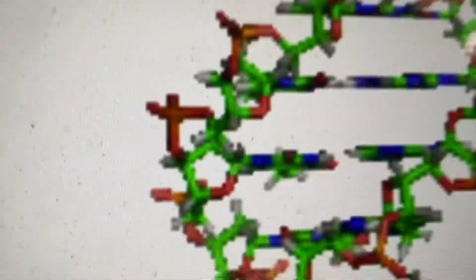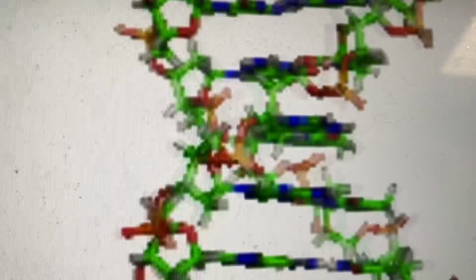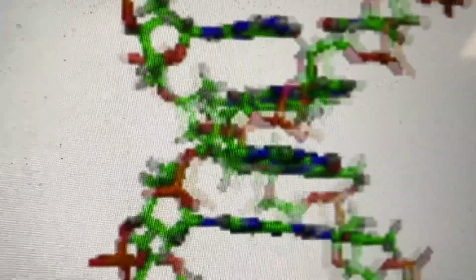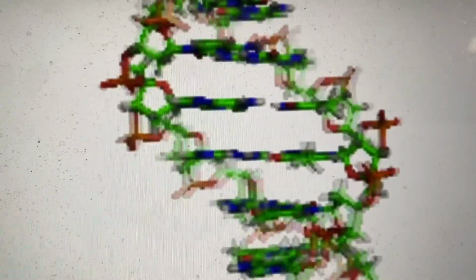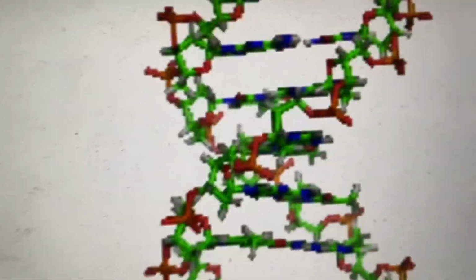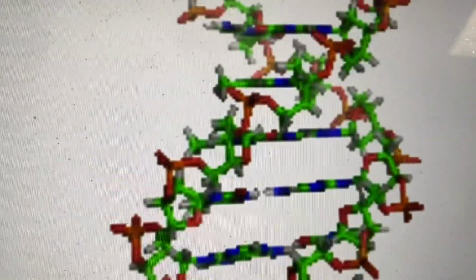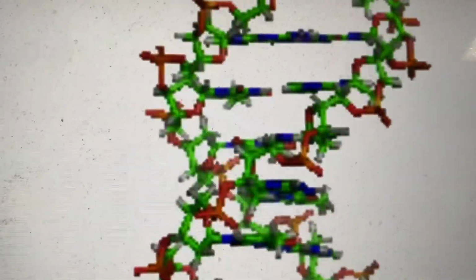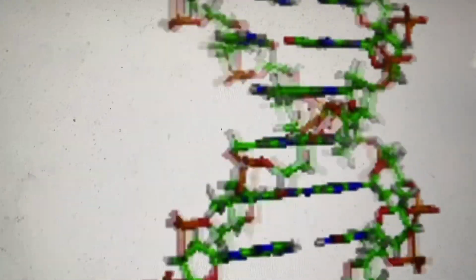And the rungs of the ladder, the little rungs in between the sides, are made up of nucleotides. That's the NA part, the nucleic acid. So deoxyribonucleic acid, DNA. And of course, DNA is a chemical that contains genes or genetic information. And that's what we're going to start to uncover over the next few weeks here.